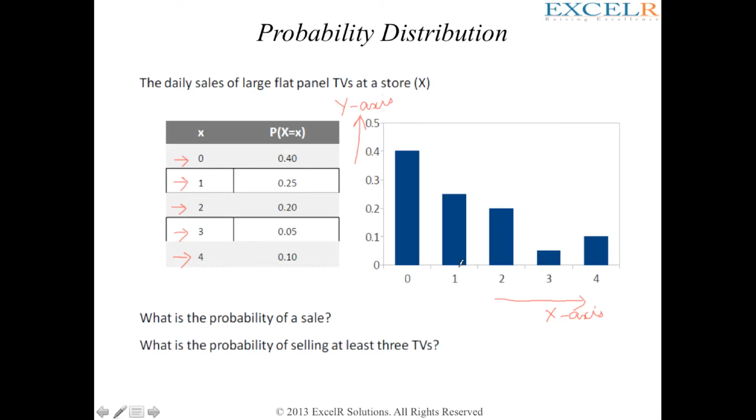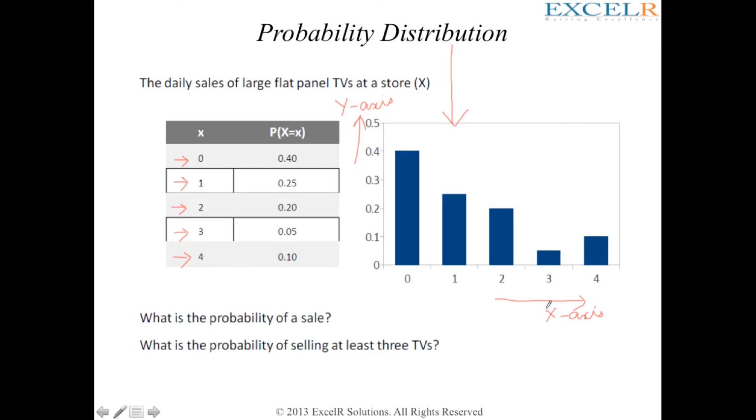Probability of selling 1 television set is 0.25. Probability of selling 2 television sets is this bar, which is 0.2, so on and so forth. This kind of a representation is called as probability distribution. Probability on the y-axis, event on the x-axis.